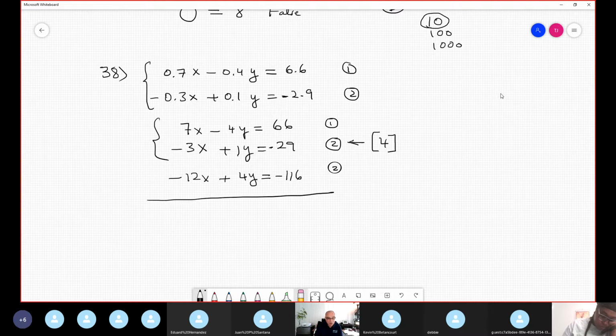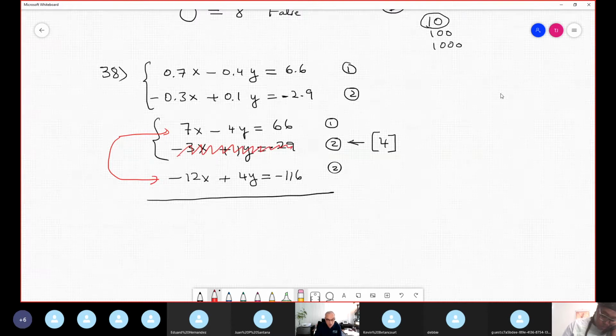Okay, so what equations am I using? Well, I'm using this and this. Temporary. So it's negative 5.